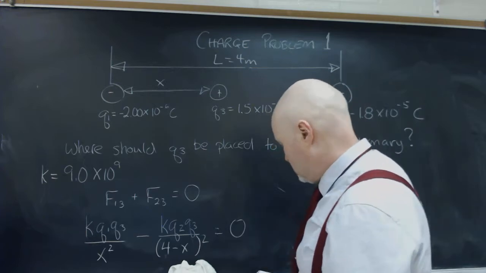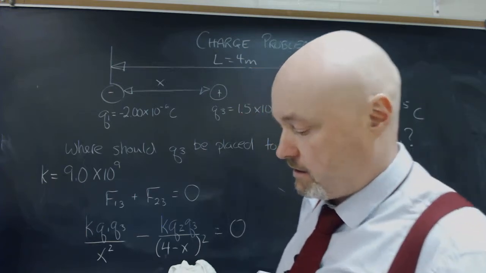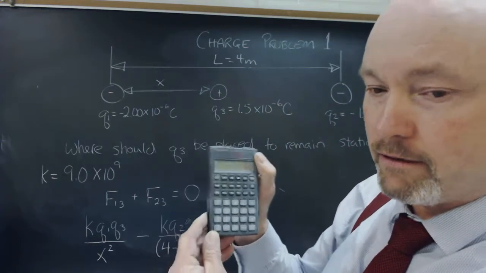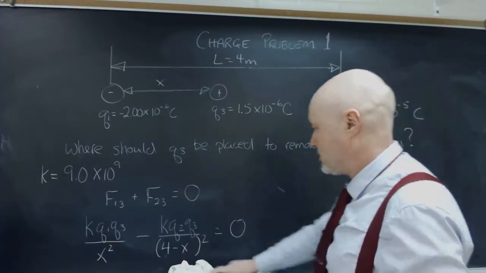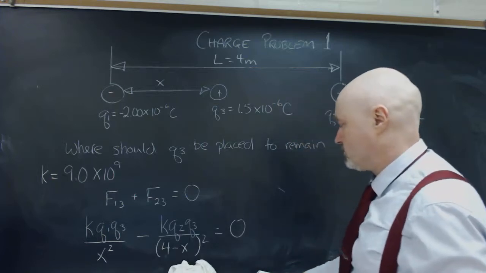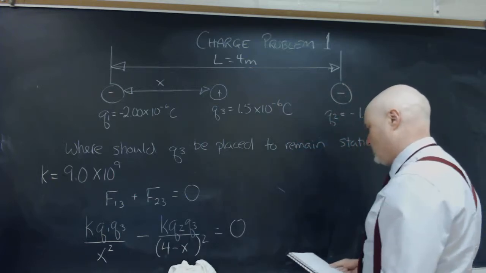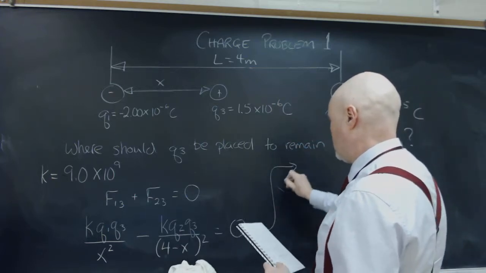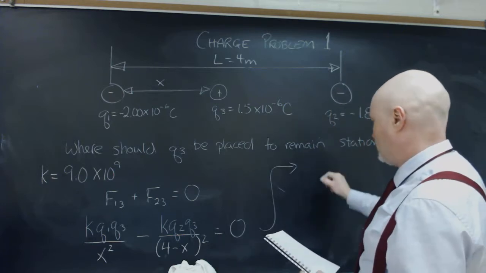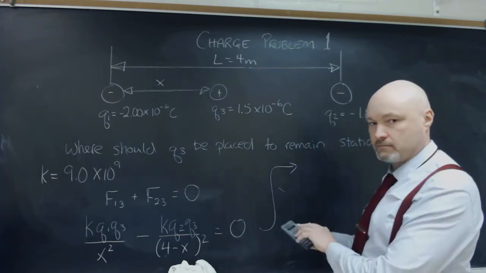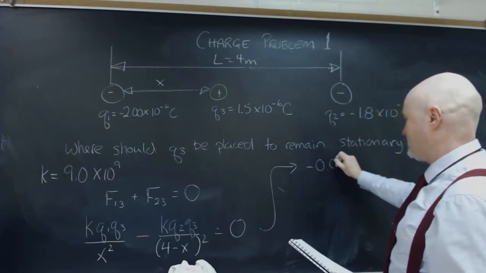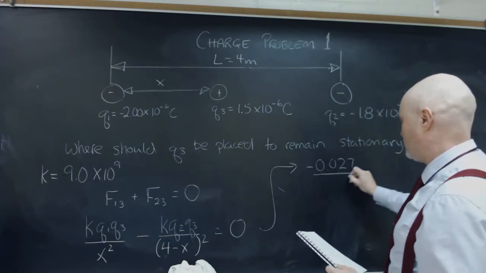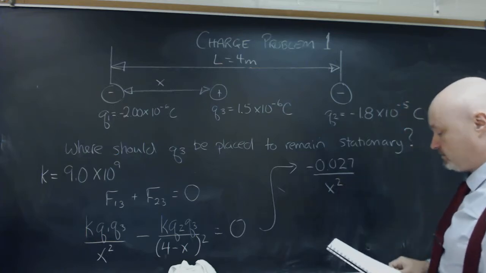Okay, so using my calculator and the EXP button and all the complicated stuff that goes with that, I'm going to calculate this value. So KQ1Q3 is negative 0.027 over x squared.